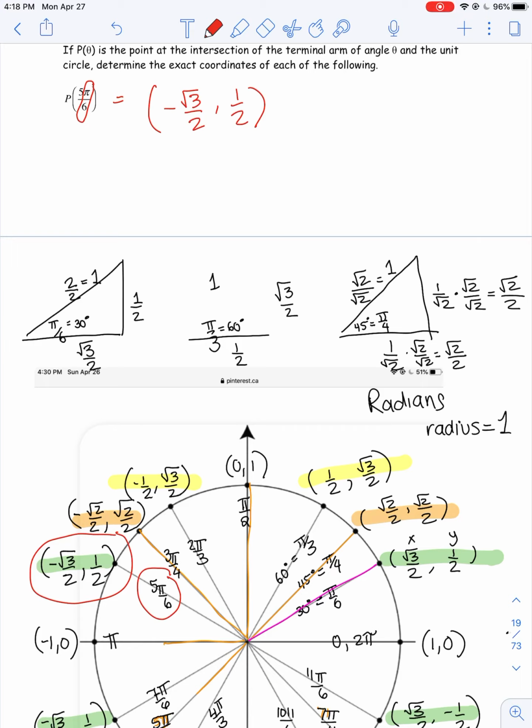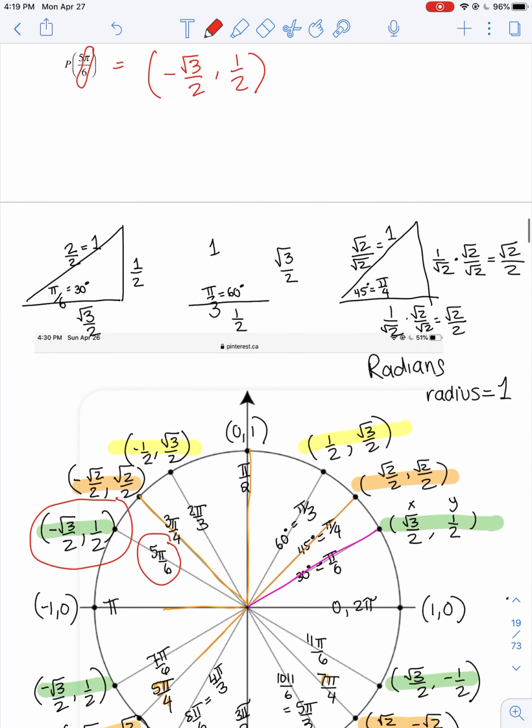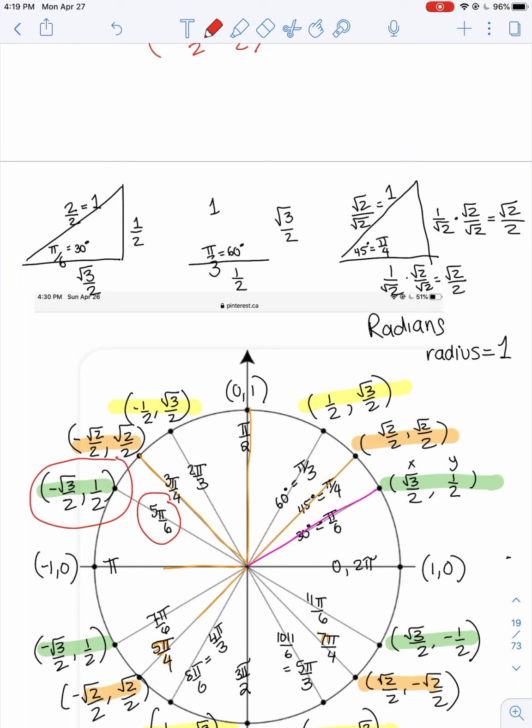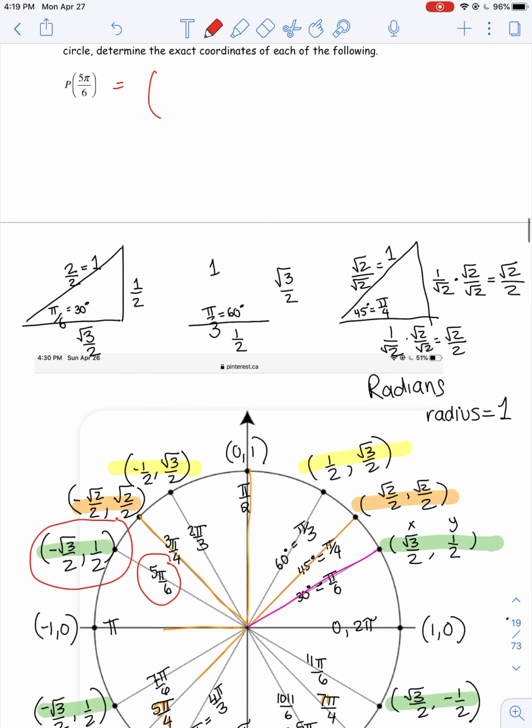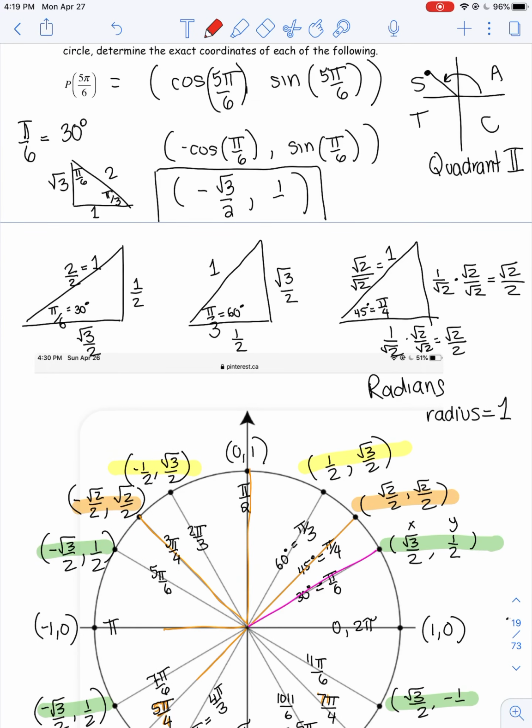So if you look at that, that always tells you your reference angle. And then the 5 pi over 6 tells you that if it was anything over 6 pi over 6, it would be in the third or fourth quadrant. But if you're less than 6 pi over 6, that means you're in the second or first quadrant. So that's how we answer the first question, just by looking at those answers.